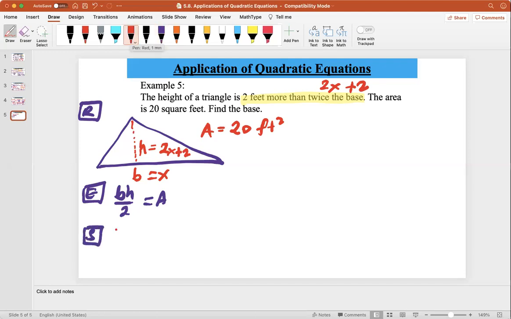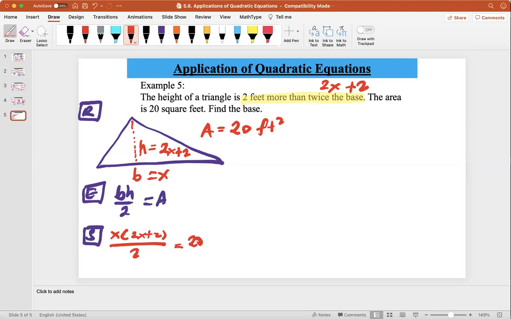Wait, 2x plus 2 is not the base, it's the height. The base is x, your height is 2x plus 2, all over 2. Plug in your area, 20.